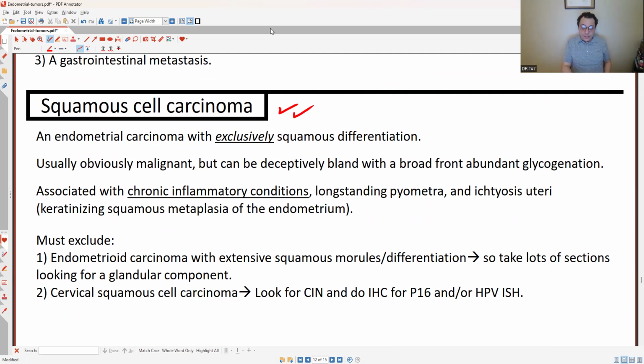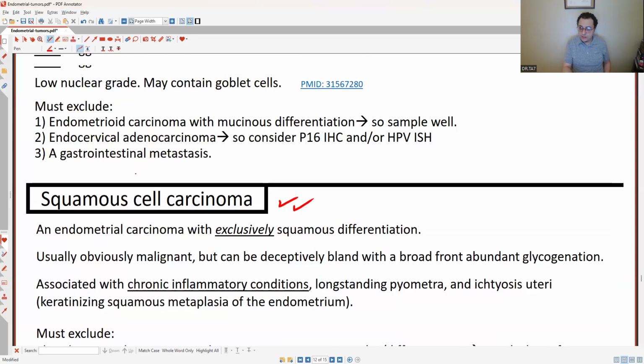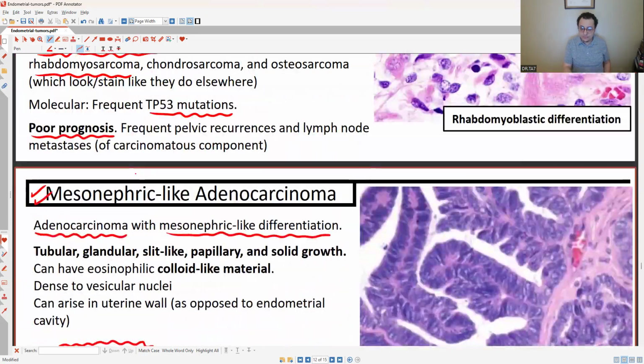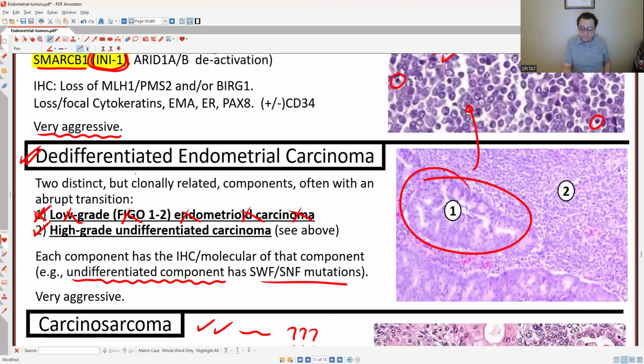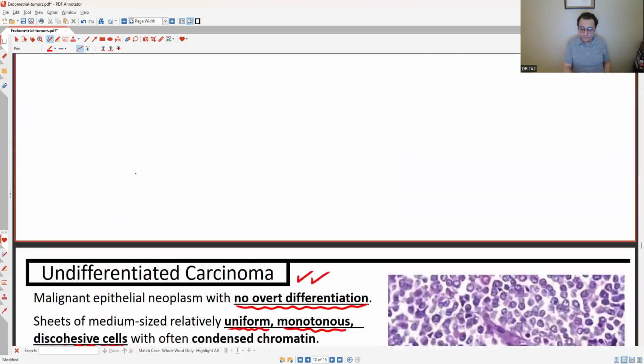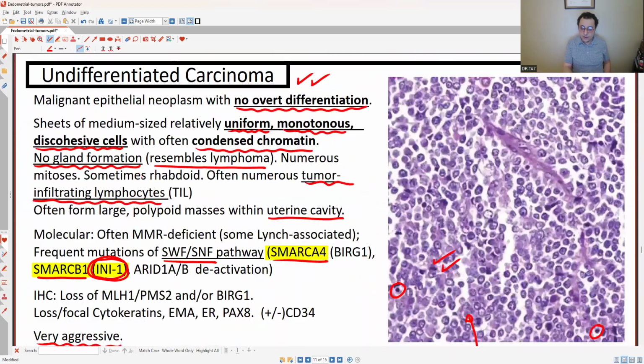Oh, I see a question here, sorry. Dina is asking how to differentiate from metastasis. Which one do you mean, the triplet? I was talking about the undifferentiated one, because you said it loses all the markers, like PAX8 and AR. Do you mean differentiating it from something that metastasized to the uterus?